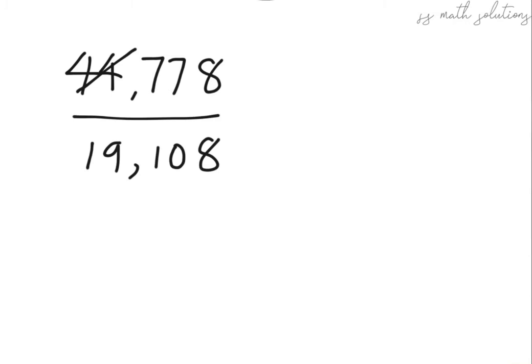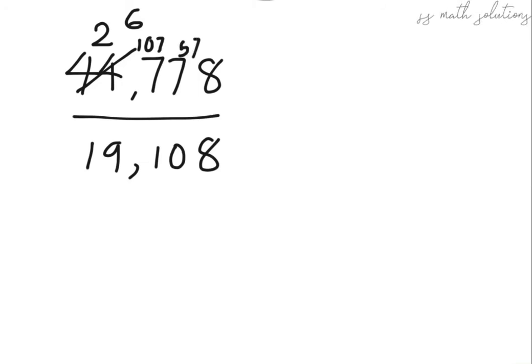So 2 will come here. 44 minus 34, 10 is there. That 10 we are taking here with 7. So the number changes to 107. Now 17 into 6 is 102. Then the balance 5 is there. So it is included with this 7.